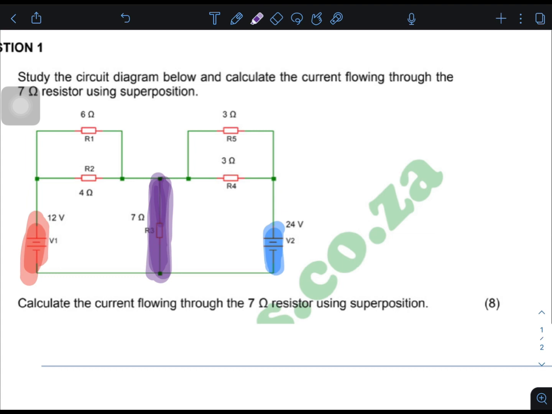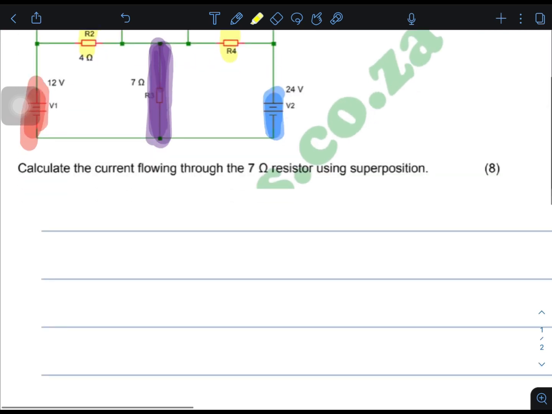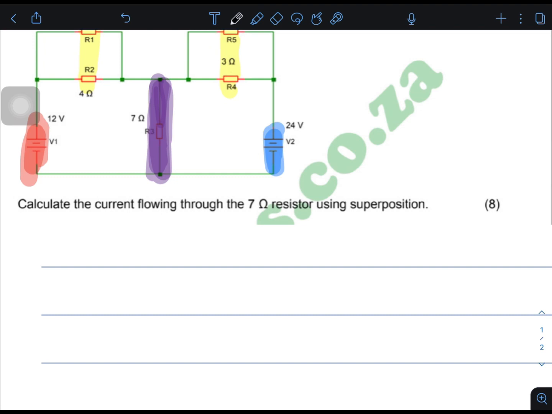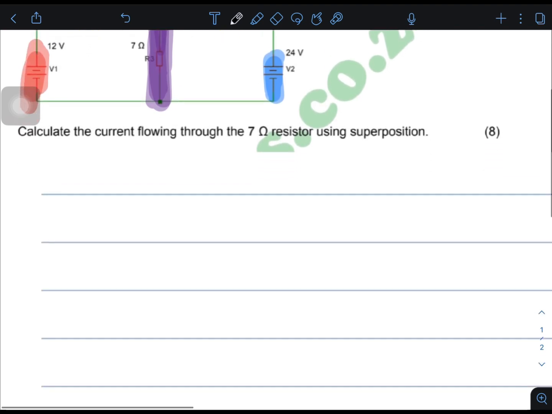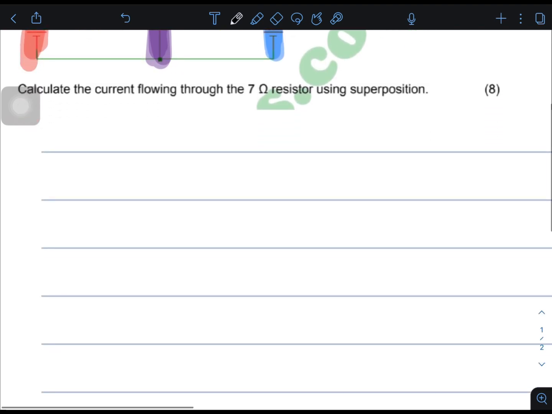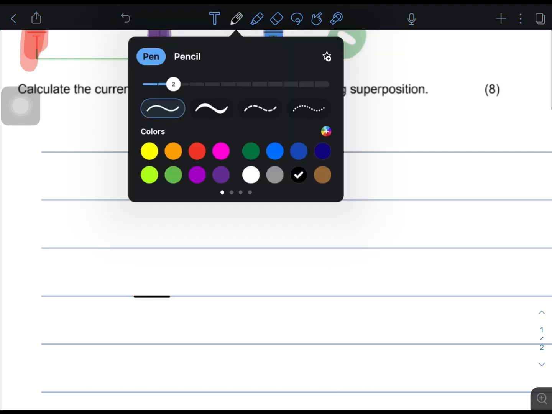The best thing that you would have to do in this question is first simplify these two parallel combinations. Let's simplify that circuit.